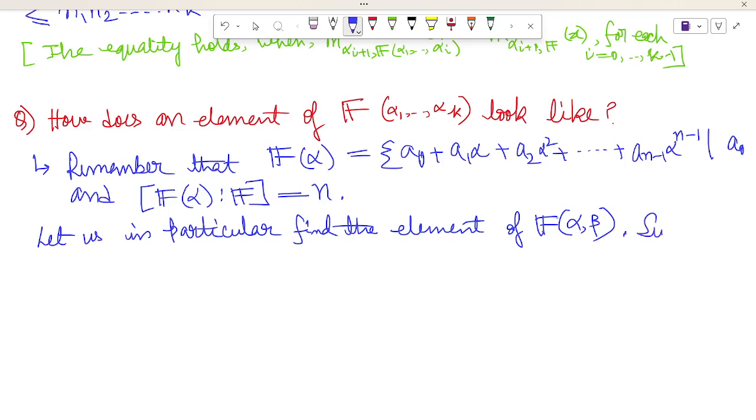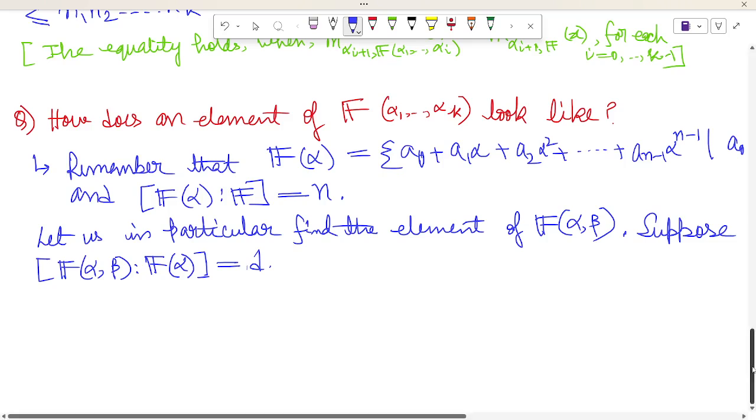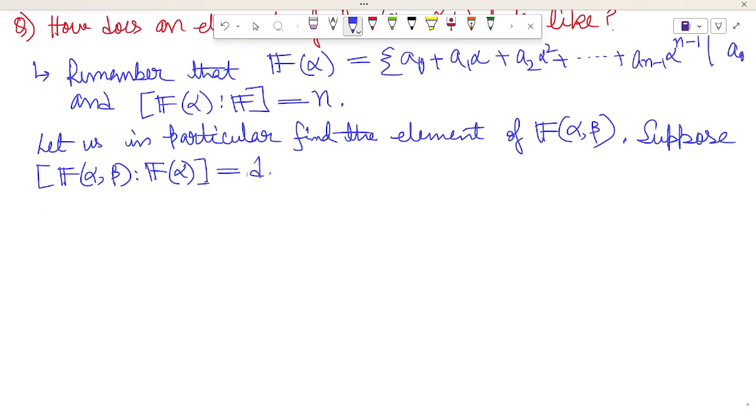So for this, you can assume this as d. If we assume this, take x belonging to F(alpha, beta).